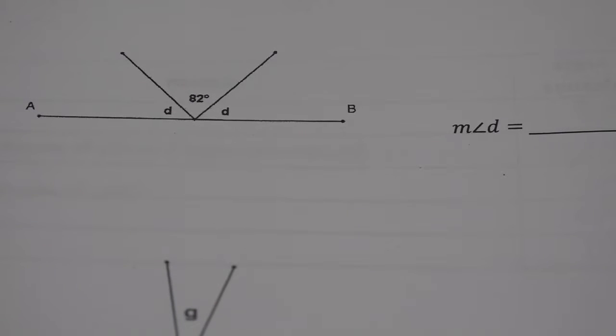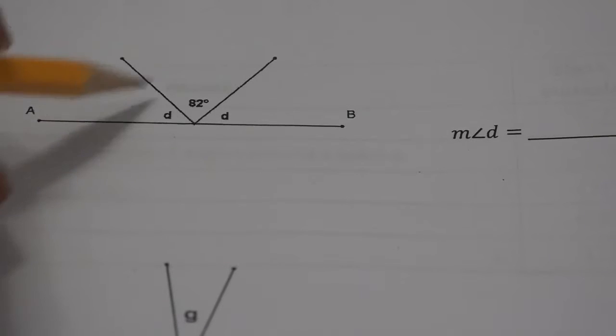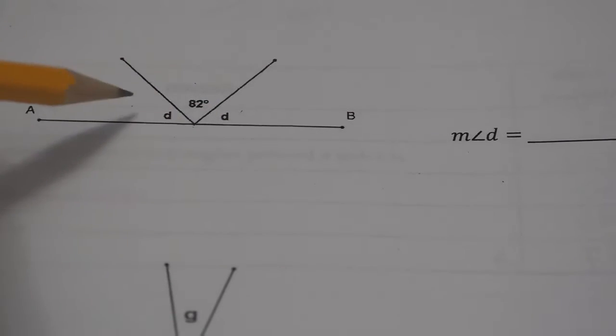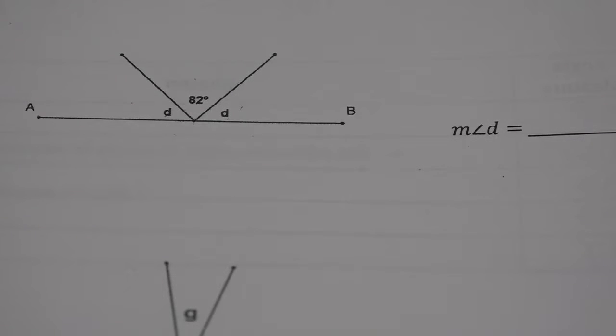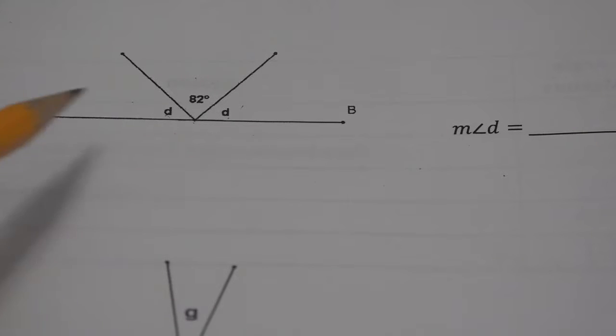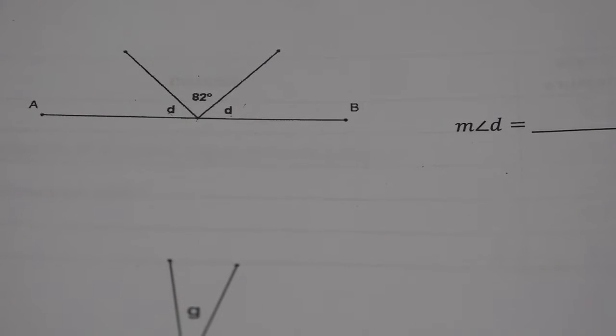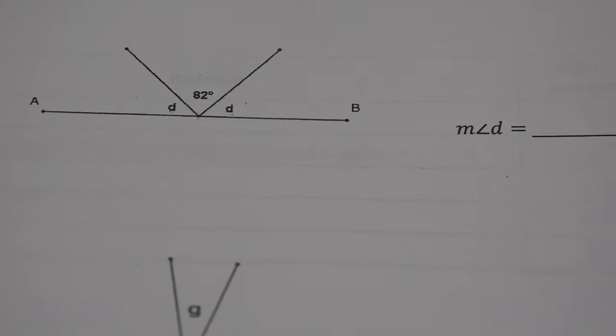All right, once again, look, 1, 2, 3 on the same vertex, they're consecutive. So what's the measure of D? And look at this, it seems that they're going to be congruent because they both are D. So what is it?